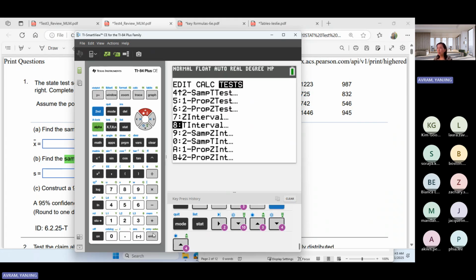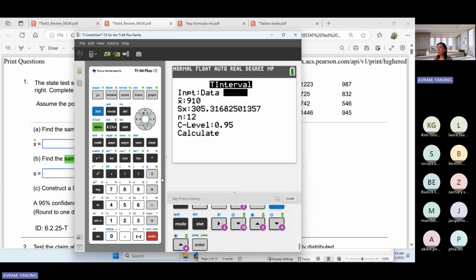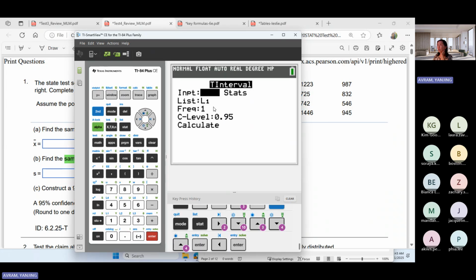When I put in a T interval, I can go to the stats, where I have to input my x bar and Sx. Or I can use the data. Look at it. If I didn't calculate earlier, why would this one pop up? Because I used my data earlier. If I don't calculate the one step earlier, I can just go to the data, using the data.